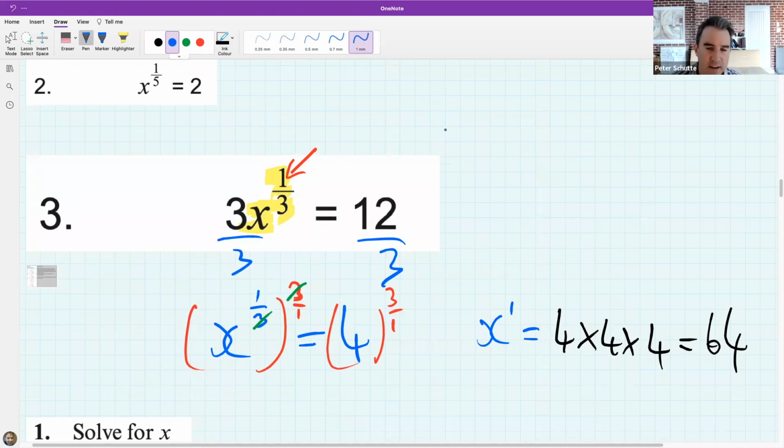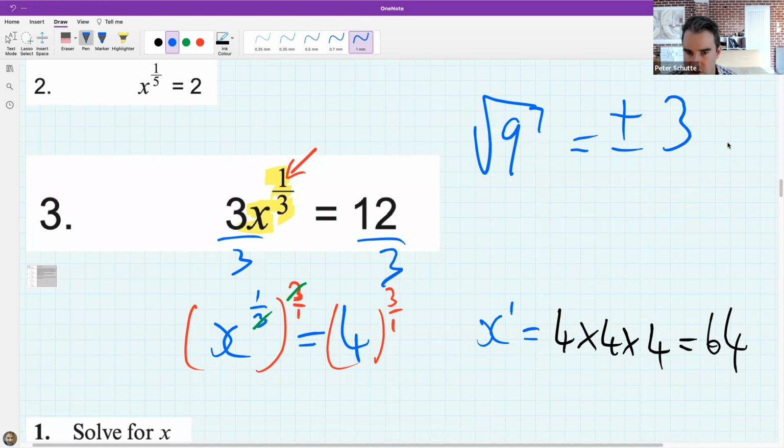It's a little bit like the square root of 9: you have the answer plus or minus 3, because the root 2 is even. But if I ask you, what is the cube root of 27? The cube root of 27 is just 3 by itself.